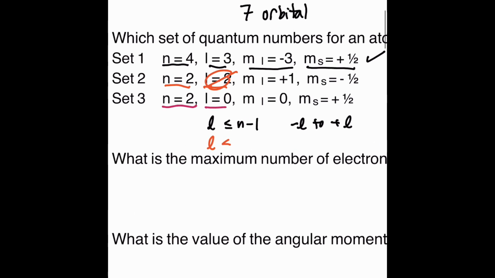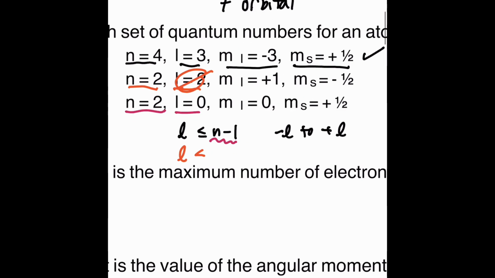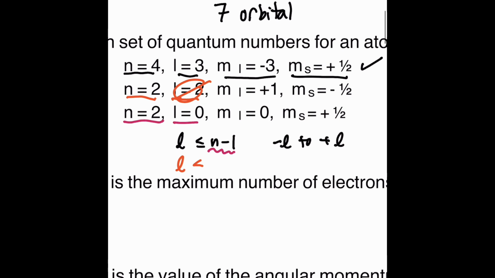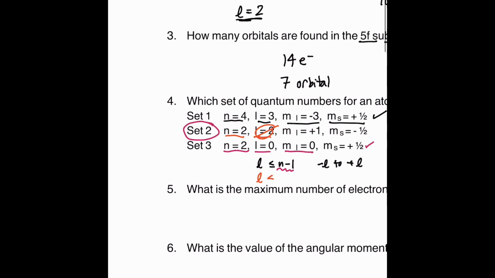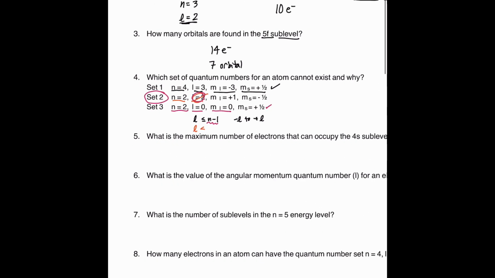Typically we let it fall exactly at n minus 1, but yes, that is true. And m sub l equals 0, yes, because it's between negative l and positive l, and we only have one value for l of 0, so that's correct. And our m sub s is also correct. So your answer is that set 2 is the one that cannot exist, because of its l value.